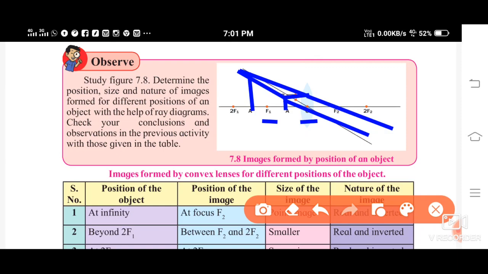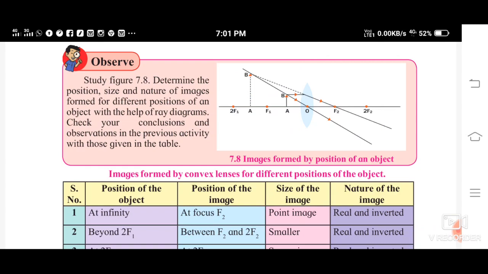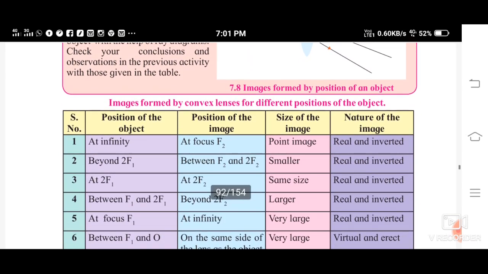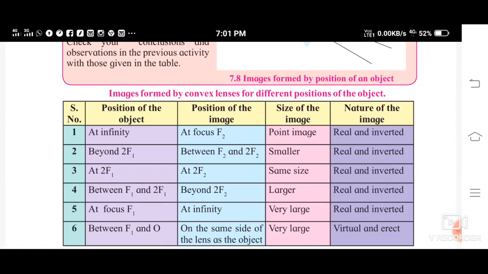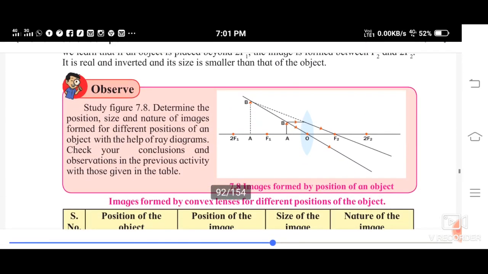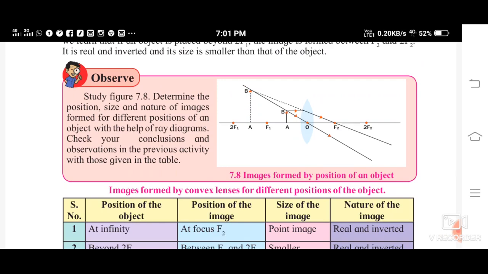So when you keep the object between F and O, that time the image will be formed on the same side as the object, okay. Now the image is large, okay. Again you can see the image is very large, and it is erect.